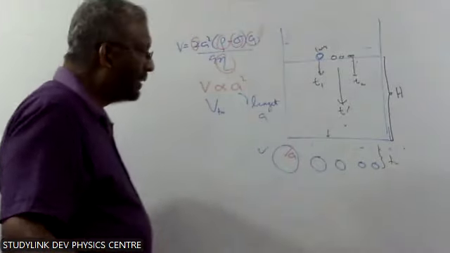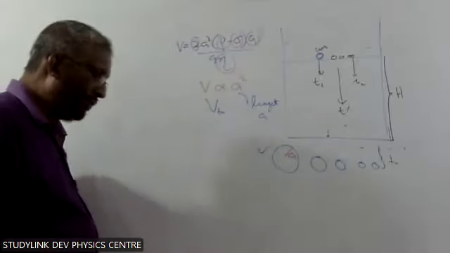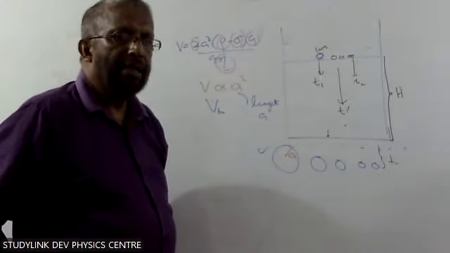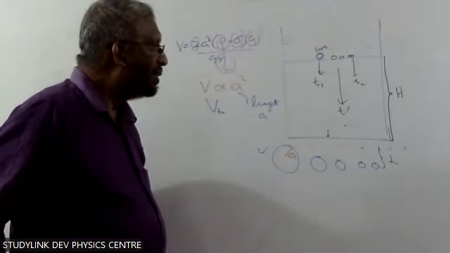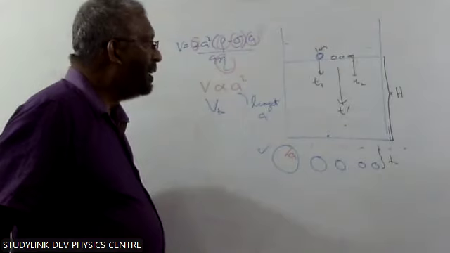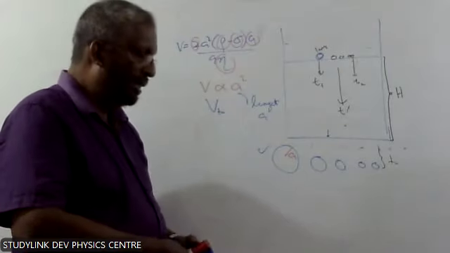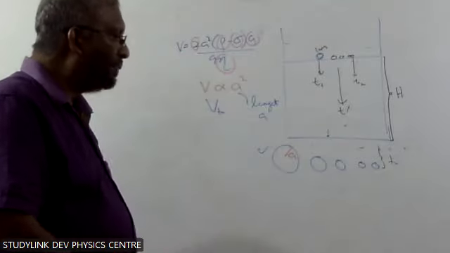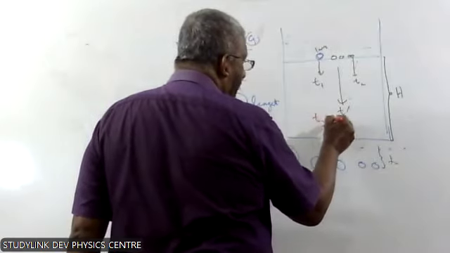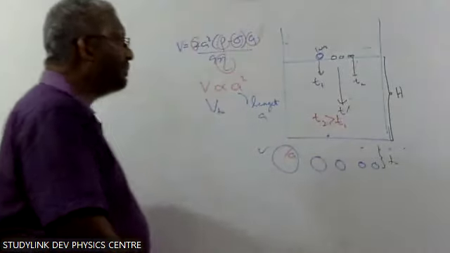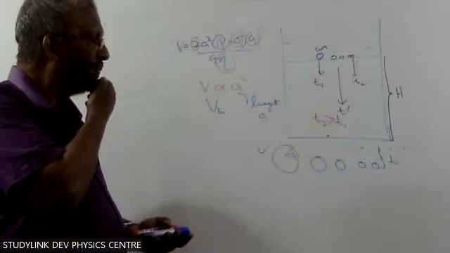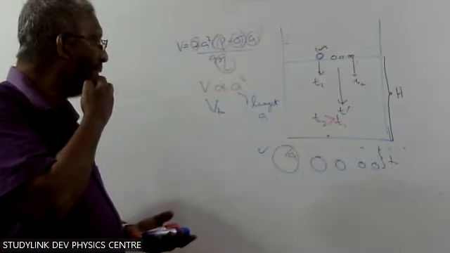Then right? If the largest particle takes time T1 to reach the bottom and the smallest particle takes time T2, then T2 is greater than T1.